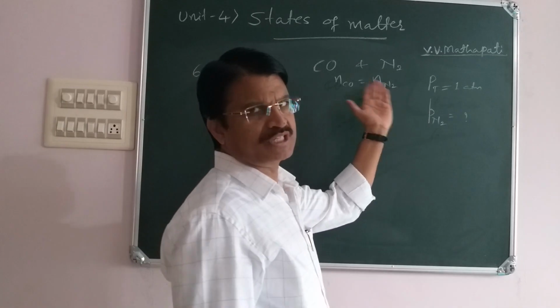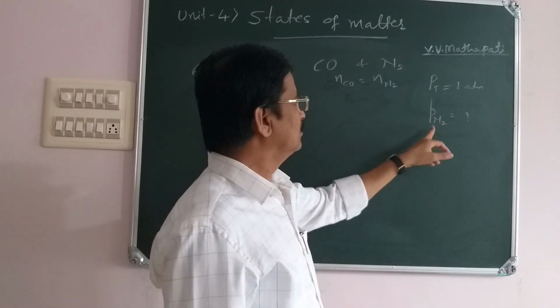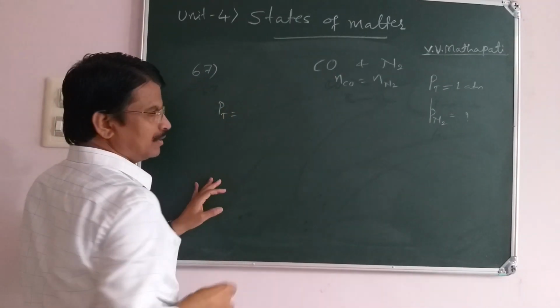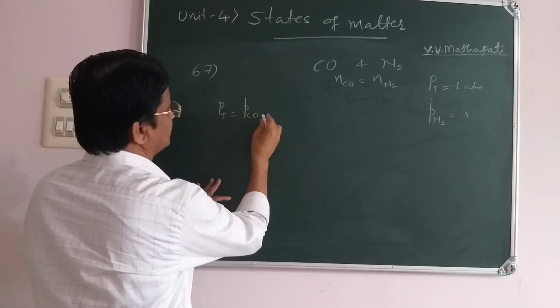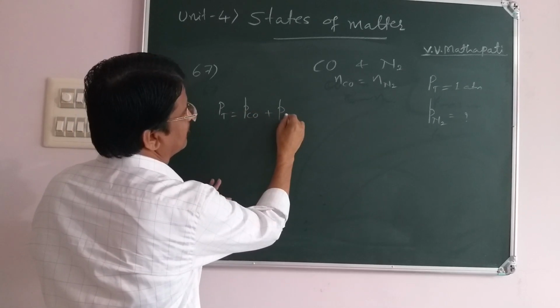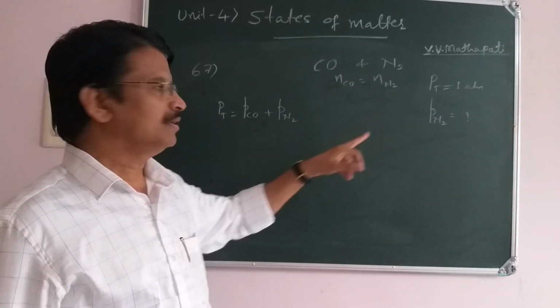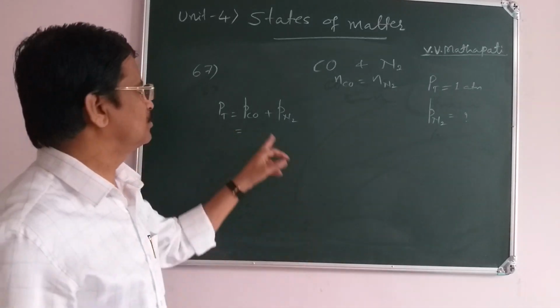According to Dalton's law, they have already given that the number of moles are equal, so their mole fractions are also equal. Then we can write P total equal to partial pressure of CO plus partial pressure of N2.